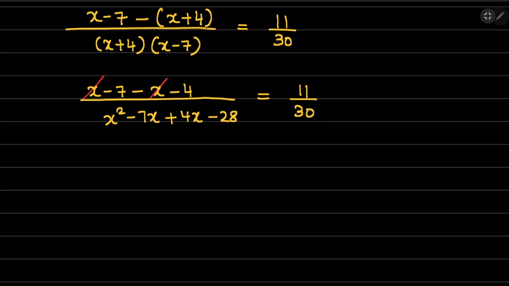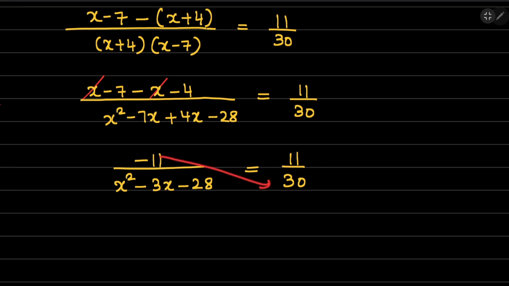So what is minus 7 minus 4? It is minus 11 divided by x square minus 3x minus 28 equal to 11 by 30. On either side, when you have 11, either way 11 and 11 will get cancelled. And in this place, you can just write a 1.